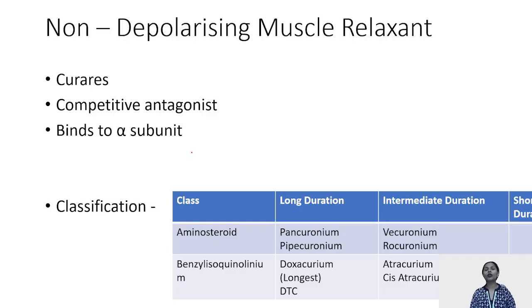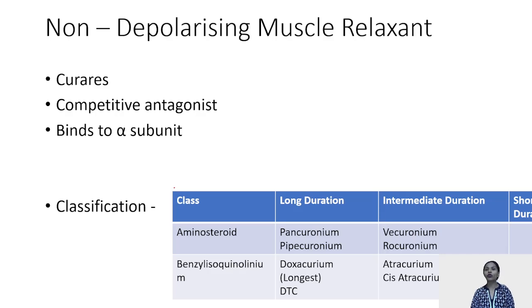Coming to non-depolarizing muscle relaxants, they are also known by the name of curares. They are competitive antagonists. They bind to the alpha subunit of your pentameric acetylcholine receptors, generally the nicotinic receptors. The NDMRs can be classified according to the chemical structure.